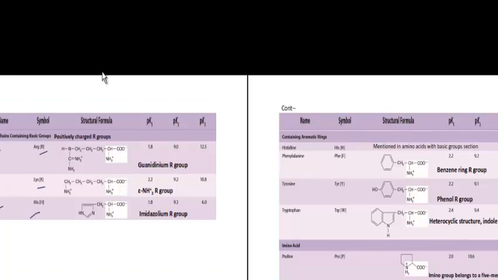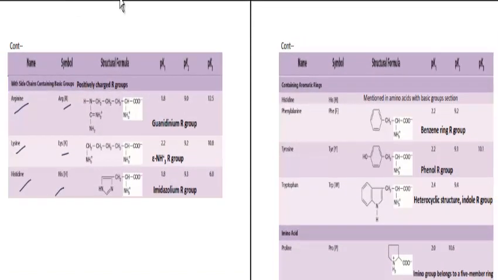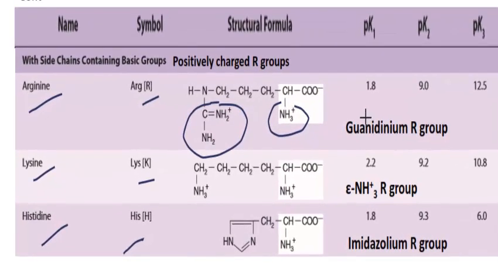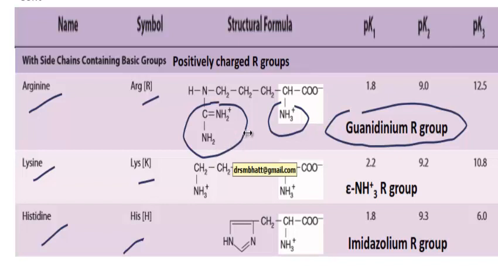Arginine contains how many NH groups? NH3 as well as NH2 plus. Okay, so this special group is called the guanidinium R group. What is the name? Guanidinium R group. So arginine, guanidinium R group. Is it clear? Any doubt? You can ask me.